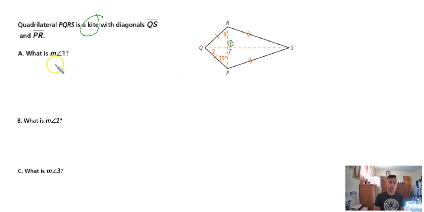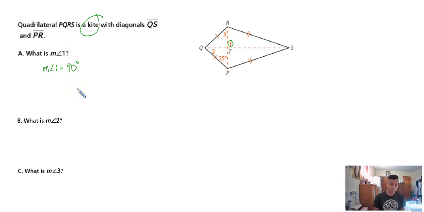Therefore, the measurement of angle 1 is automatically 90 degrees. Why? It's based on Theorem 6-3: the diagonals of a kite are perpendicular, meaning they form a 90-degree angle at their intersection, and angle 1 is one of the angles at the intersection of these two segments.